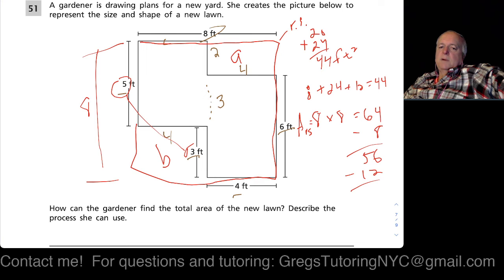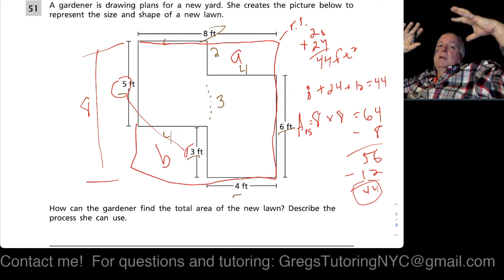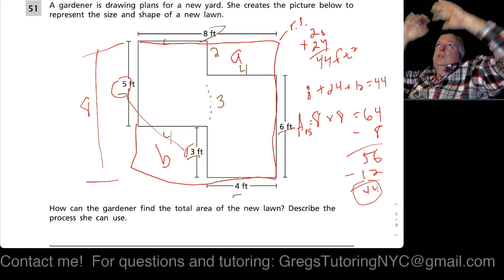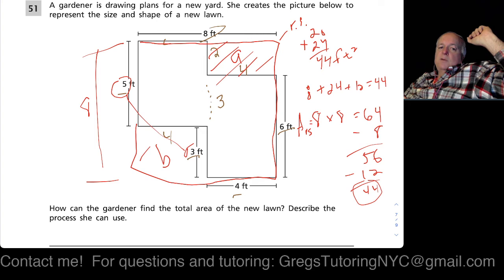And get 44. So look what I did. So I can get the area by building it up. I can also get the area by taking the so-called super image around it and pulling out this part, because A doesn't really exist in the area and B doesn't exist in the area. So we have different ways to approach it. So that's what my minus 8 is about. That's what minus 12 is about.